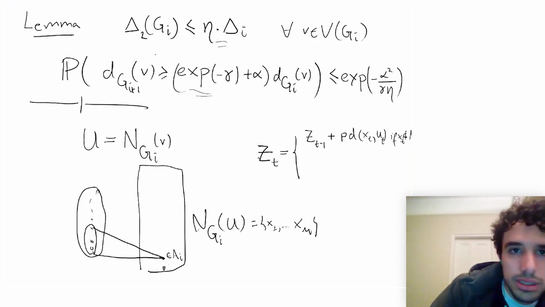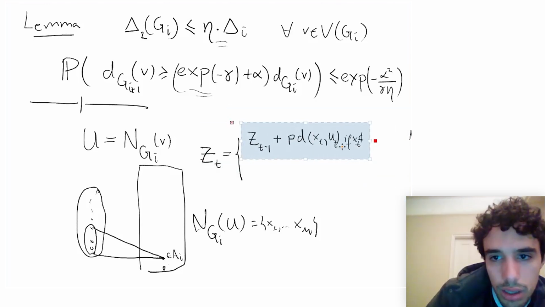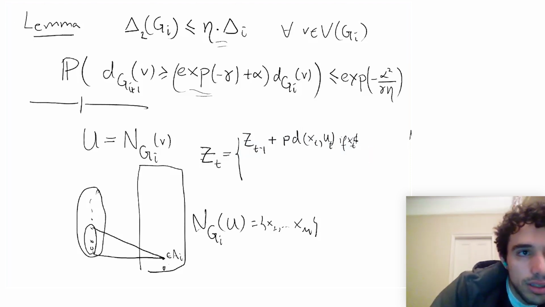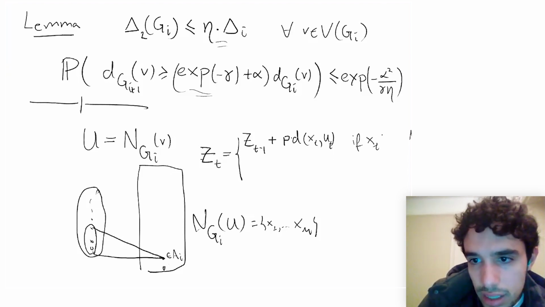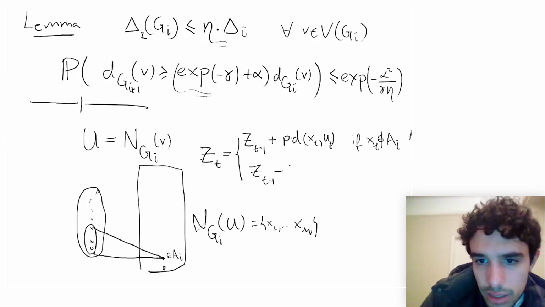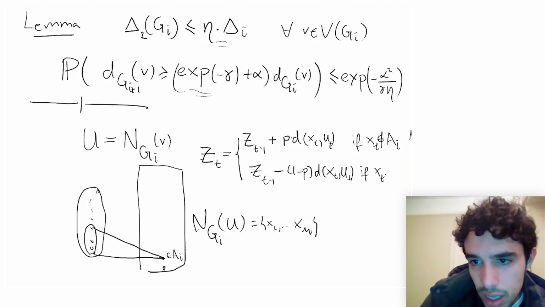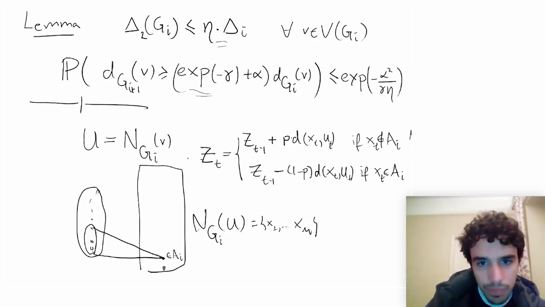Oh, sorry, it's a bit squeezed. And we do Z_{t-1} minus (1 minus p) times the degree if x_t is in A_i. And then we have this martingale.